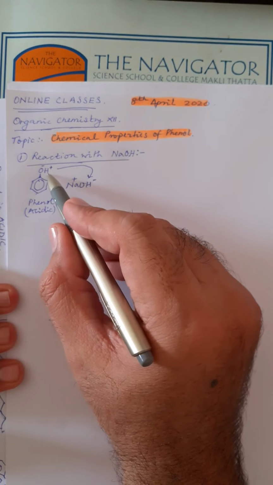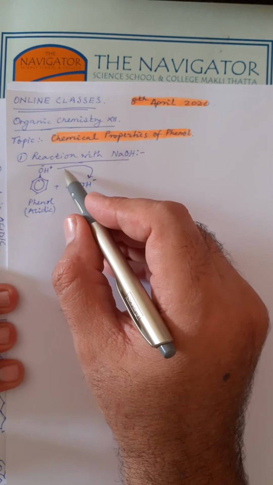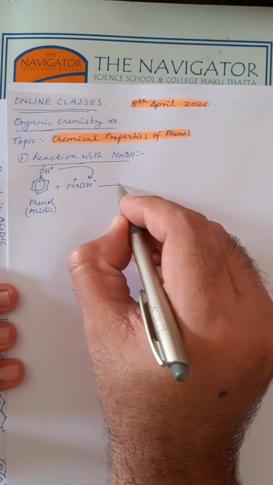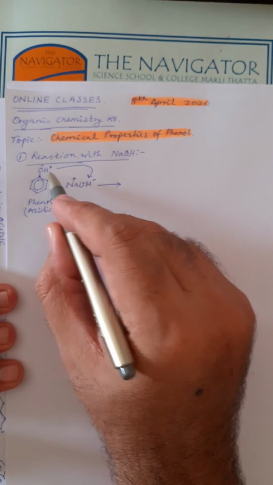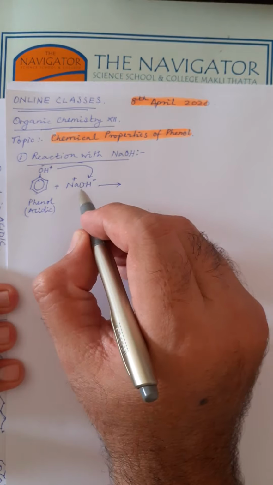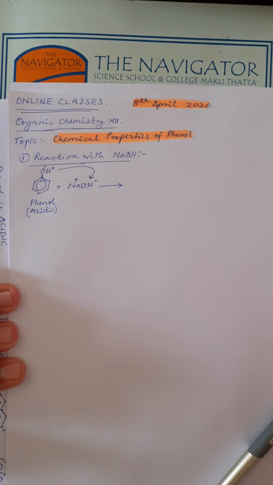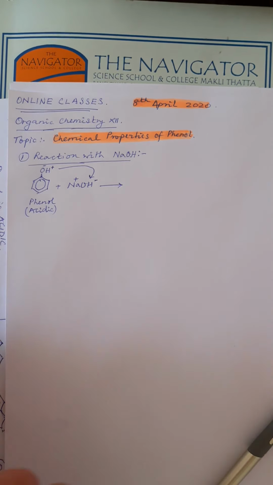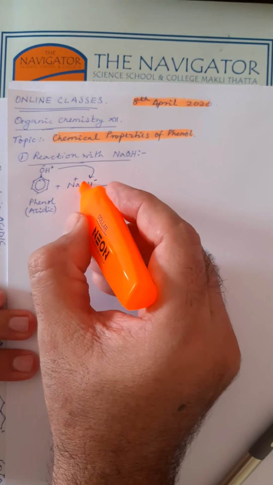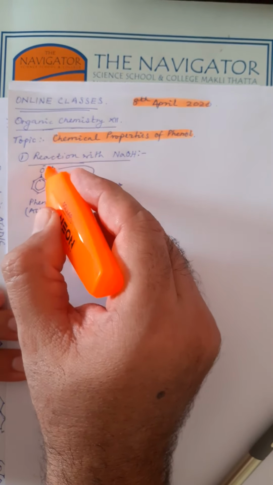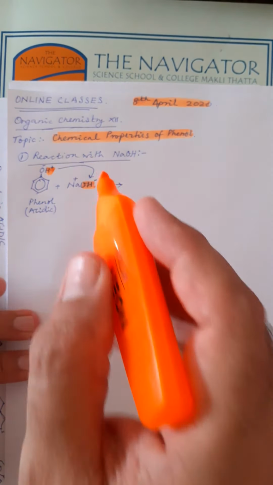The H+ ion is also called a proton, if you don't know. The reaction is pretty spontaneous, and this OH from the NaOH and this H from the phenol.